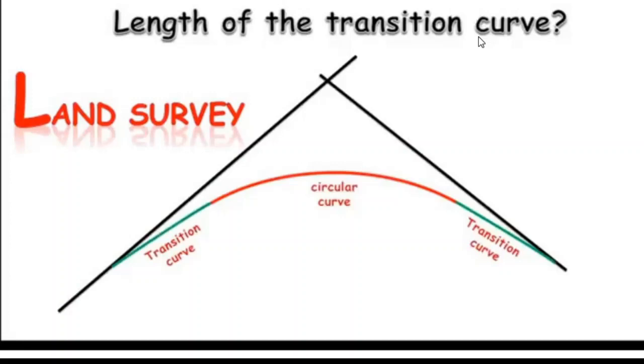So to eliminate the effect, every time when a straight path is followed by a circular curve, the transition curve is introduced where the superelevation and the radius of this curve will gradually increase. Okay, so transition curve is nothing but the curve which is introduced in between the straight path and the circular curve.